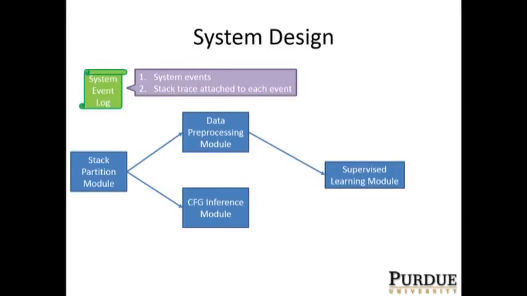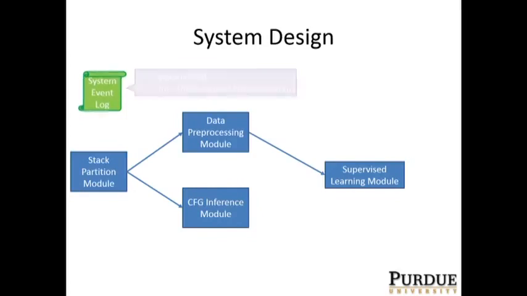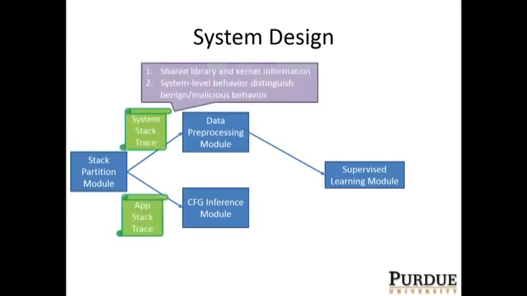Through the stack partition module, we partition each stack walk trace into 2 parts: the system stack trace and the application stack trace. The system stack trace is the stack trace at the system layer, and contains system-level behavior of the program, for example, the shared library and the kernel information.